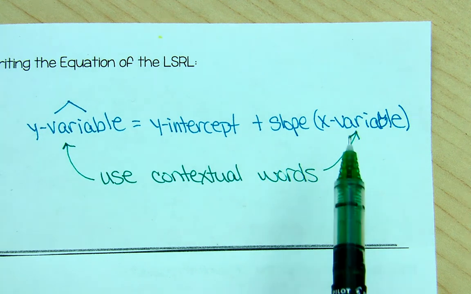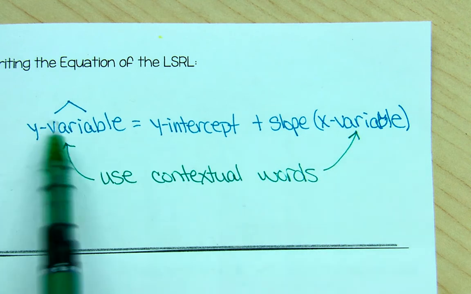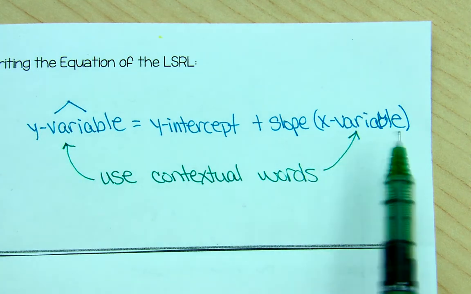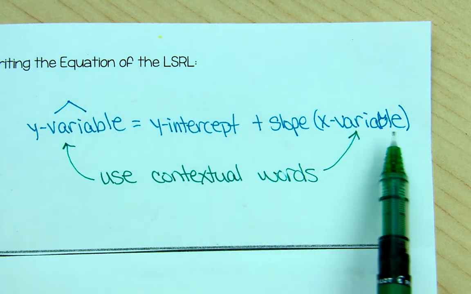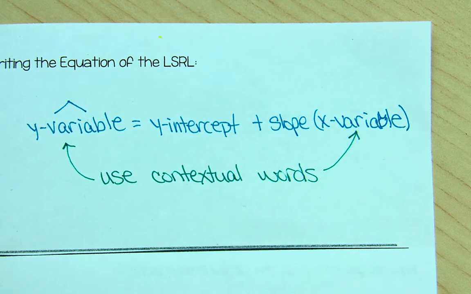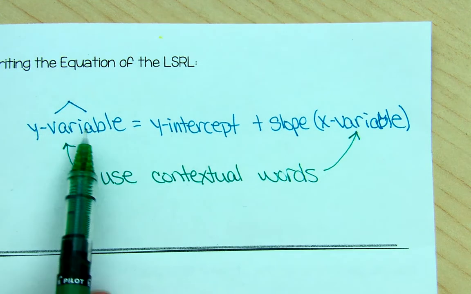Is this the height and weight? Is this the time and distance? You would write it in those contextual terms. So whatever you would be labeling your x and y axis if you were drawing the scatter plot, those are the terms that you will use for the variable.